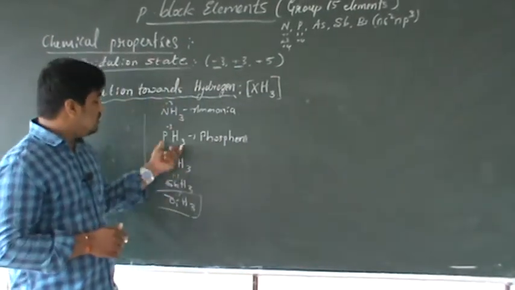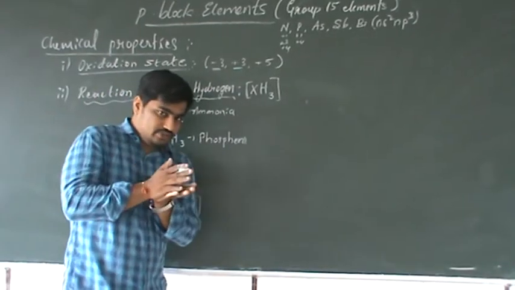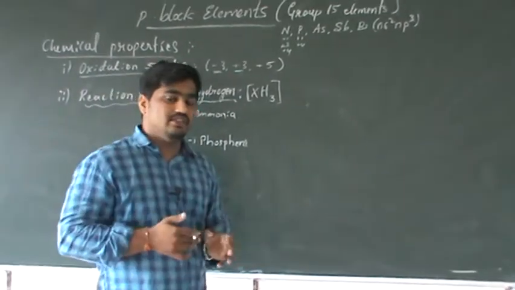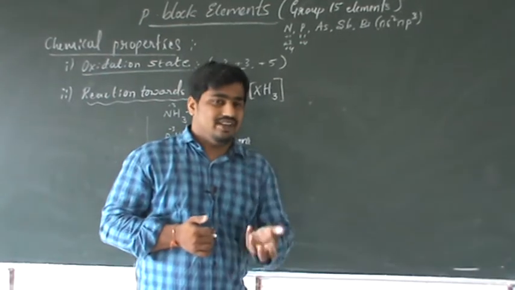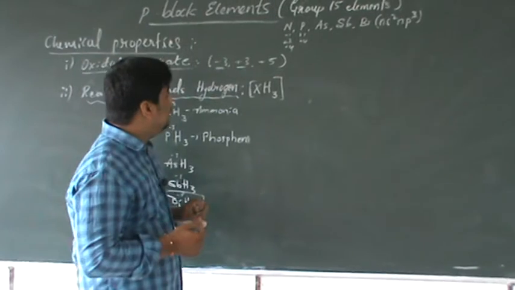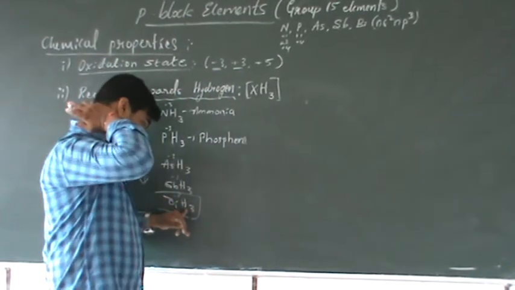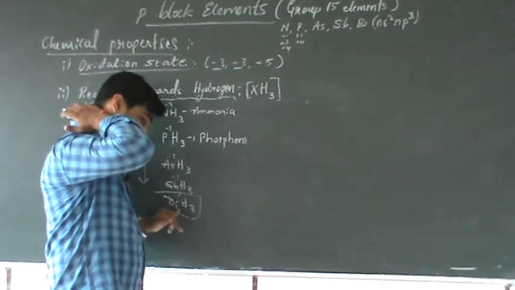When atomic size increases, attachment of hydrogen to the element decreases. The attraction power decreases, and gaining the electron also becomes difficult.